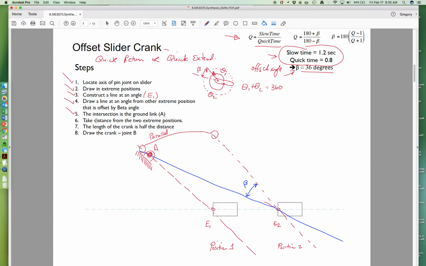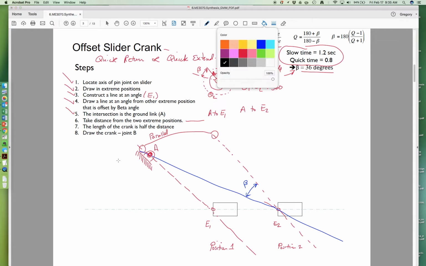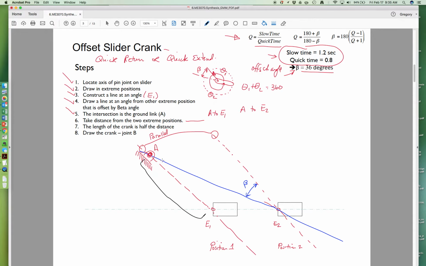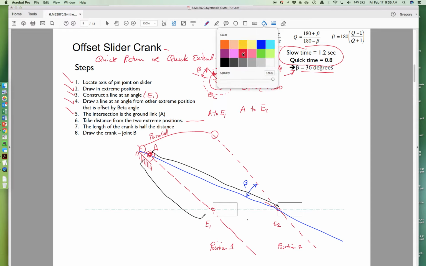Now what we're going to do is we're going to measure the two extreme positions. So these two extreme positions we're going to measure from A to E1 and measure from A to E2. Okay? So in here we're measuring from here to here, and then we're going to measure from here all the way down to that point. So we're taking the distance from those two extreme positions.